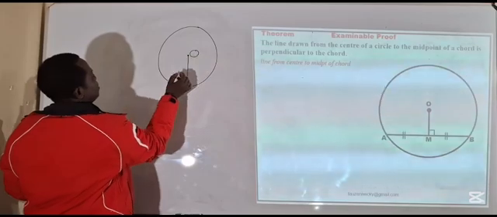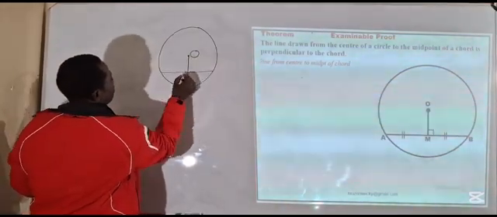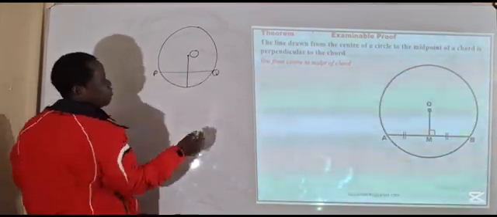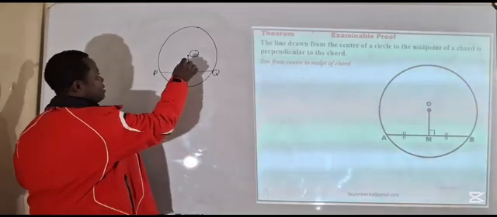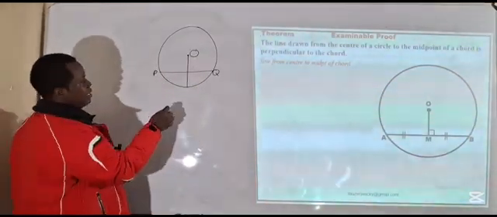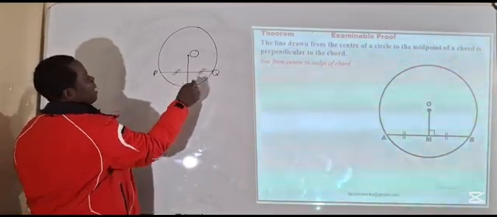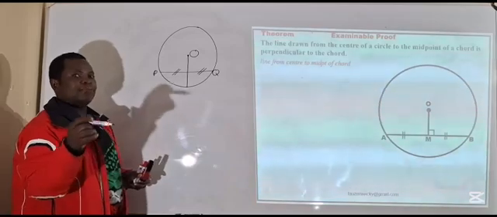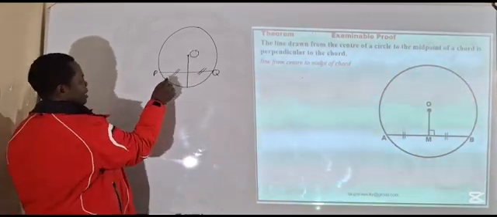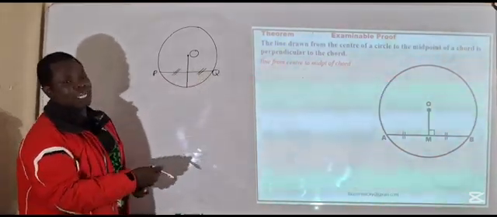Let's say the center is O, then there is a chord going through like that. I'm going to call my chord P and Q. Now, if this line, which is coming from the center of the circle, is dividing the chord into two equal parts, then it means the line from the center and the chord are perpendicular to each other.